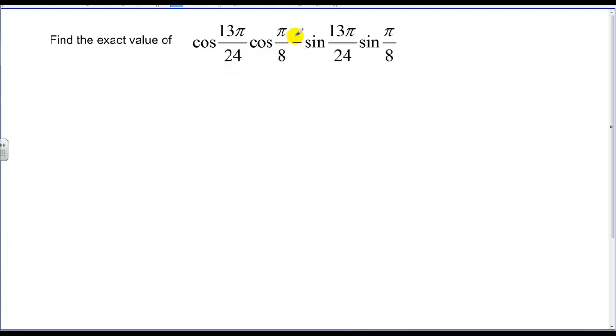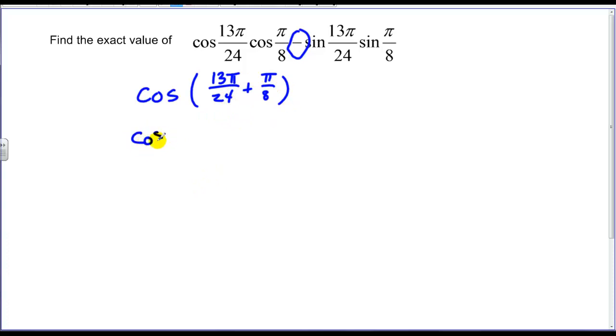So since we notice that this middle term is a subtraction and we have an opposite correspondence, this is the sum of cosine identities. So this is really the cosine of 13 pi over 24 plus pi over 8. So if I know what that value is, I'm gold.